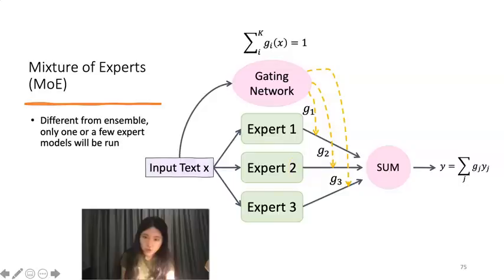Not all of them will be activated. This is the gating, right? So the gate will let you know which one will be used and which one will not. Here the G_i(x) will sum to 1. Essentially it means that some will be chosen and some will not. Your final output will be generated using some of the experts chosen by your gating network according to your input.